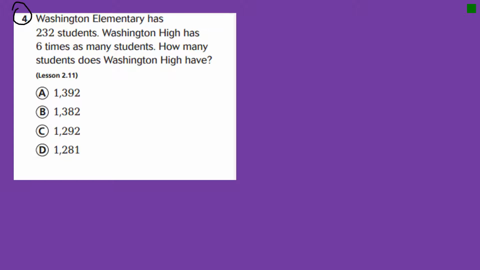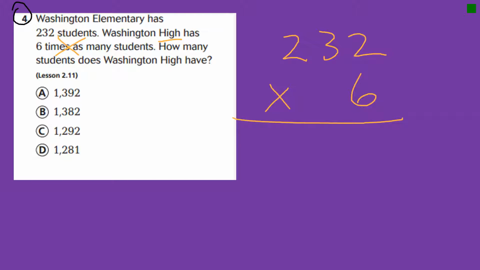So Washington Elementary has 232. Washington High, meaning Washington High School, has 6 times as many. So we need 6 sets of 232 to get the number of students in Washington High.